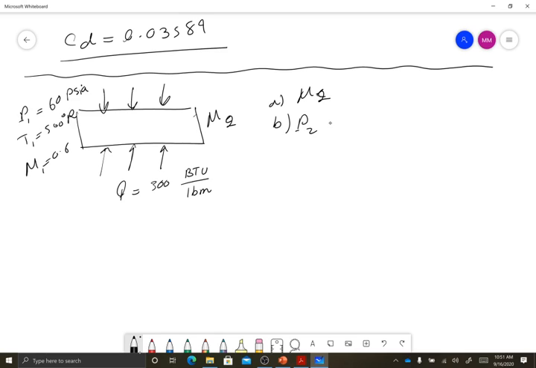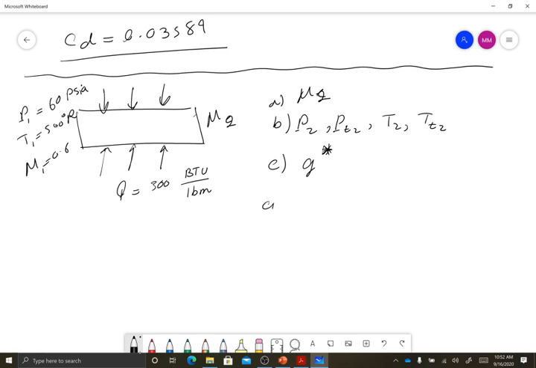So P2, PT2, T2, and TT2. And also the critical heat flux Q star, at which we will thermally choke the pipe.